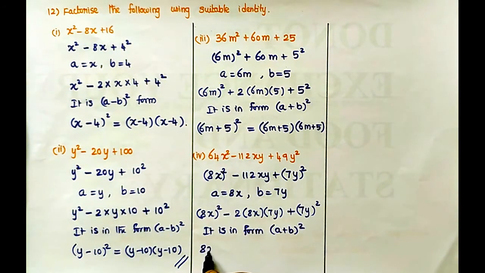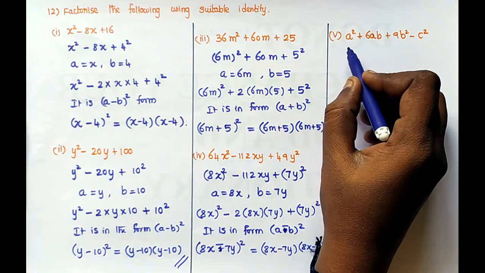Sorry, a minus b. (8x minus 7y) whole square, that is (8x minus 7y) into (8x minus 7y). That is the factors.